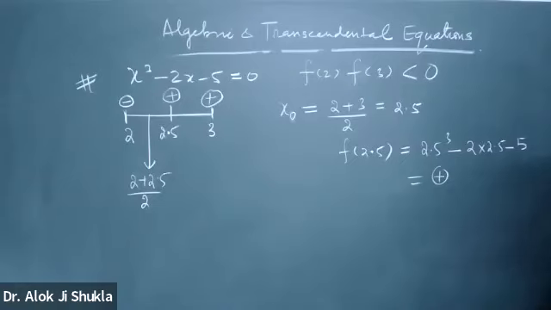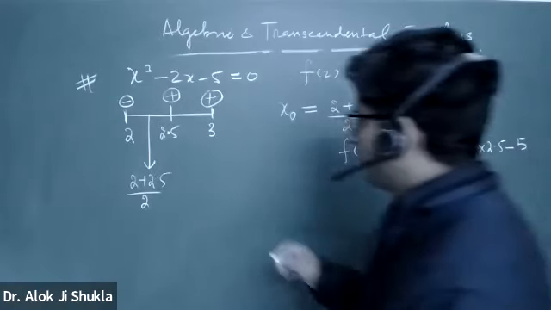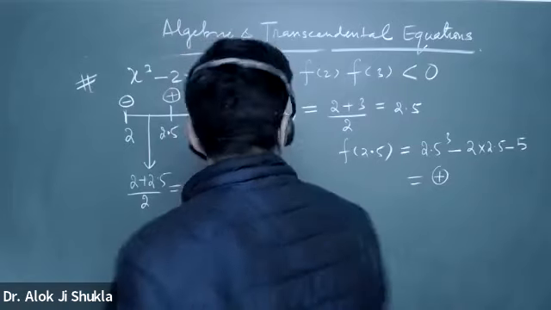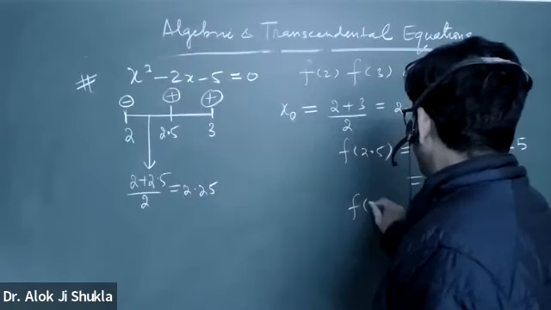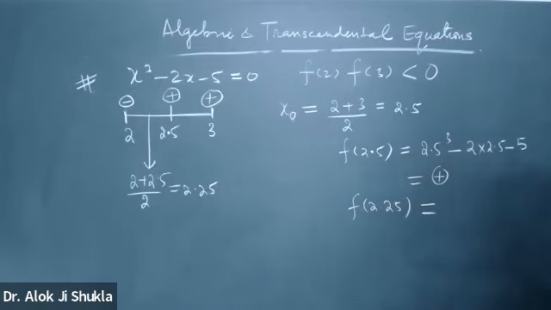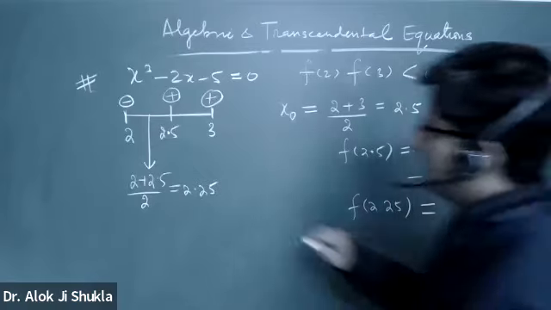2.25. So what is f of 2.25? Is it positive or negative? Positive. Nikala? Yes, sir. So it is again positive.